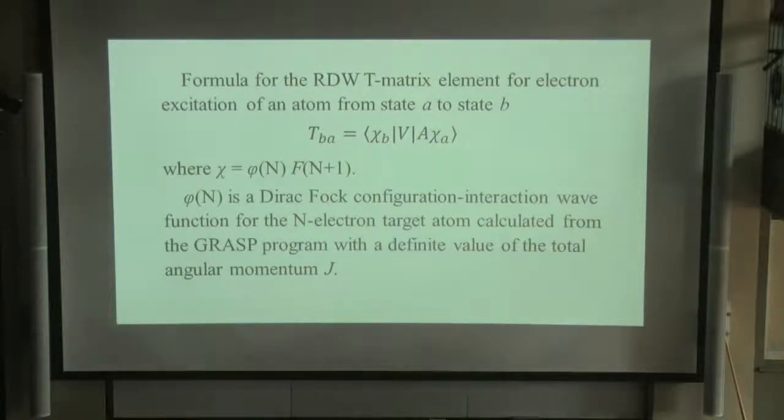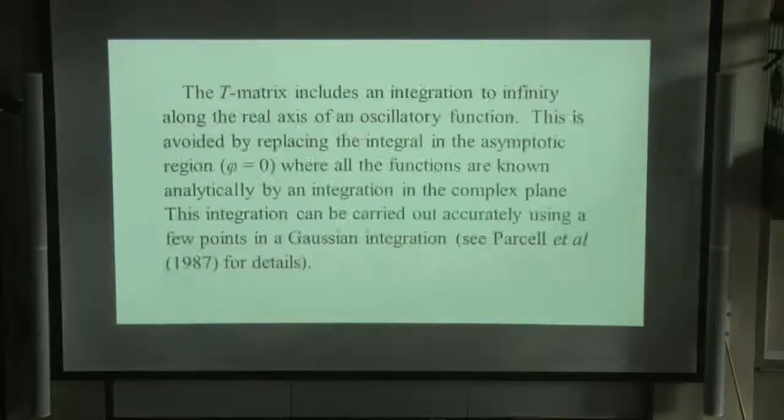So how do we get around that? Well, there is a method. It's not ours originally. But once you get into the asymptotic region, that is when the bound states are zero, you can go off into the complex plane and do the integration along the complex axis, the vertical axis rather than the real axis. And that has an exponentially decaying part.